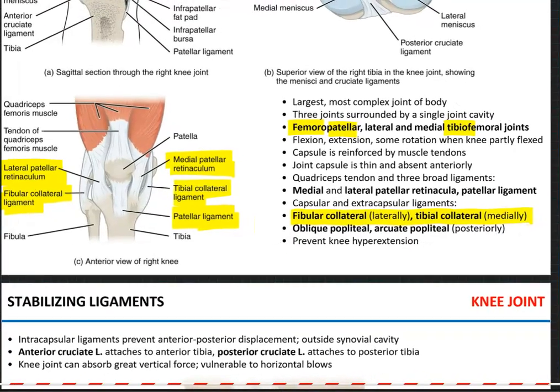And then, if you look at the back of the knee, not on this image, we don't have this view, but on the back there are two popliteal ligaments that connect the femur and the tibia in the back, and they prevent your knee from hyperextending.